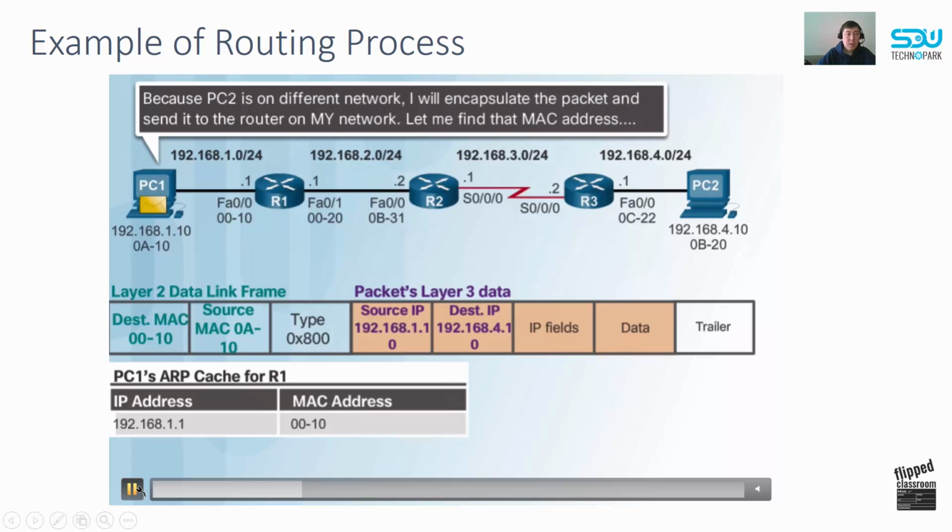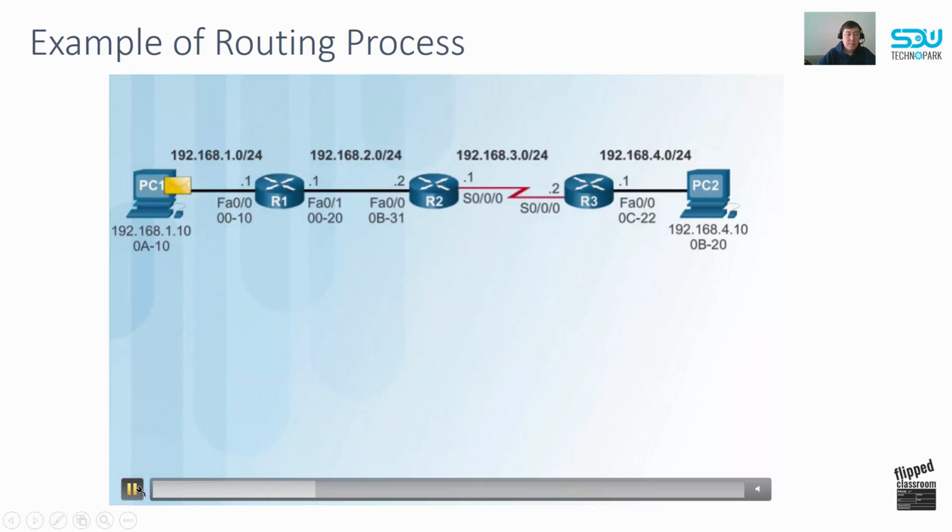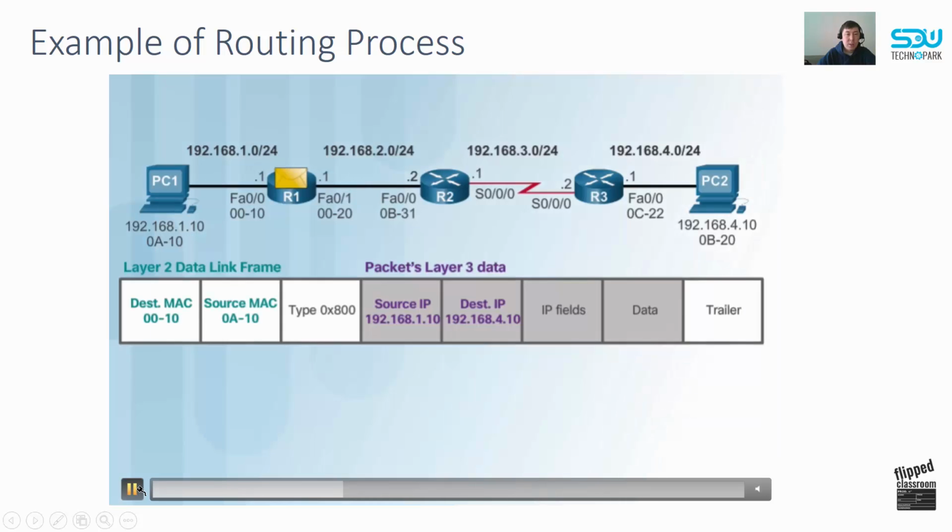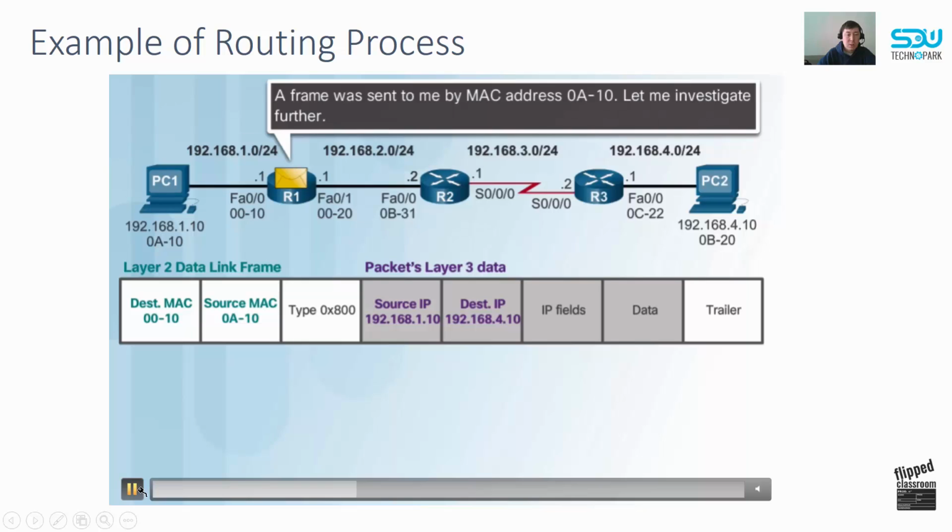Alright, now the packet is received by router 1, and router 1 has to make a decision what to do with this packet. As you see here, this is our frame which is delivered to router 1. The source MAC address is 0A10, this one, and the destination MAC address is the MAC address which belongs to router 1's interface.